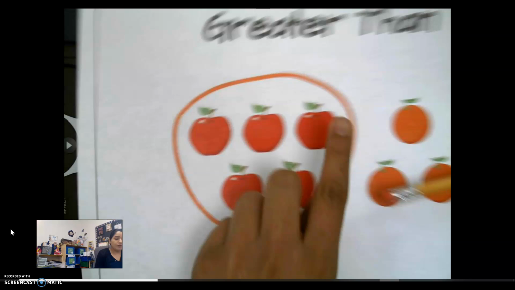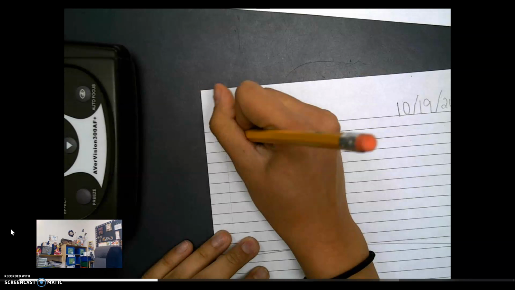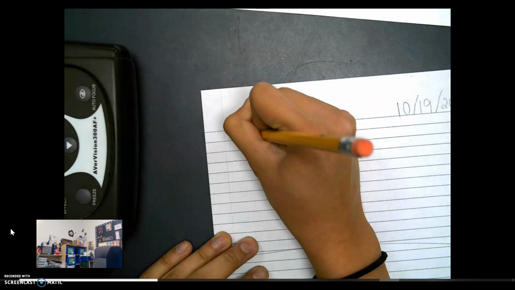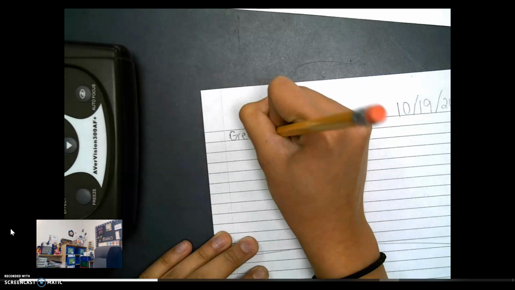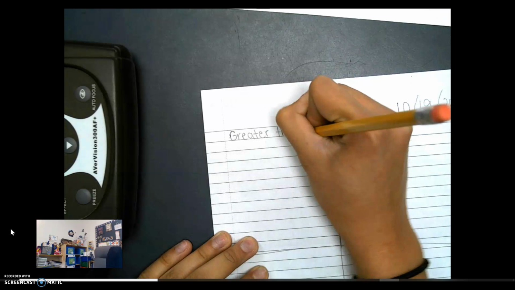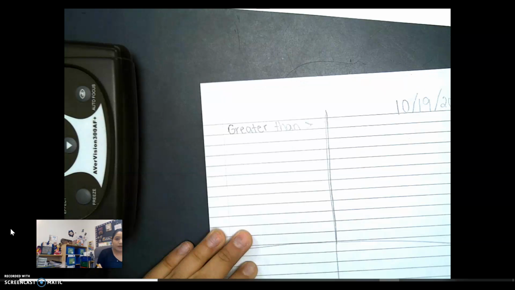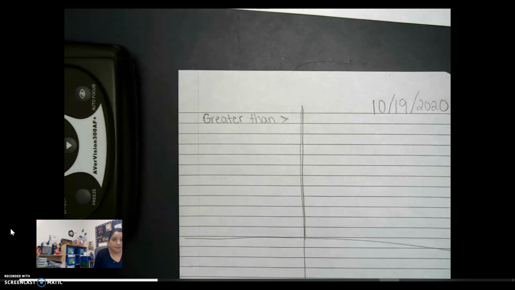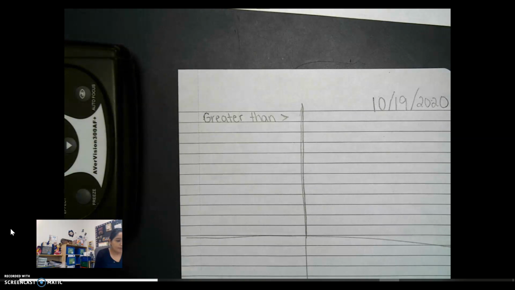And I'm also going to write the symbol. Like so. So there we have greater than.